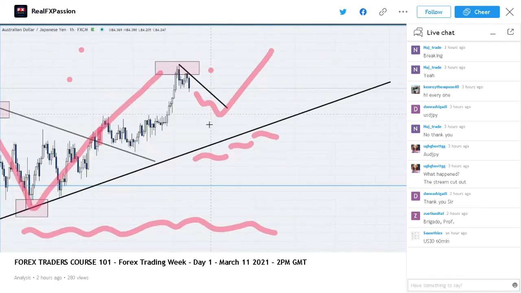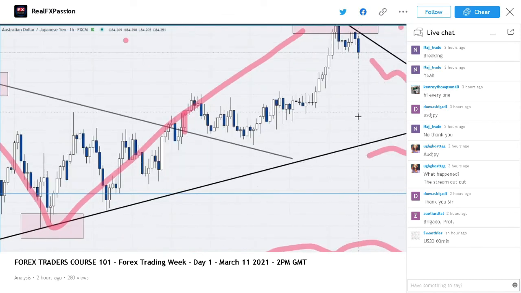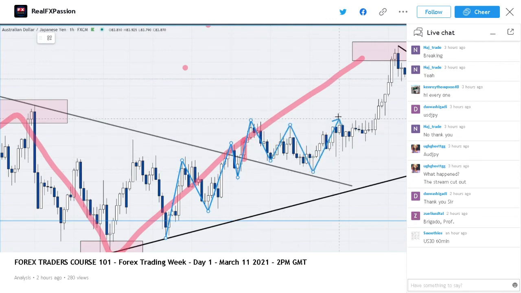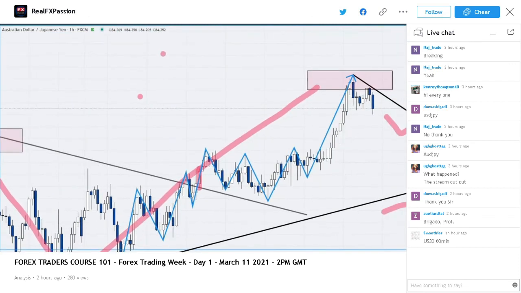If I'm trading the short-term uptrend on the 1 hour, which is all the highs and the lows, low to high, high to low, low to high, high to low, low to high, then stop loss goes down in here.